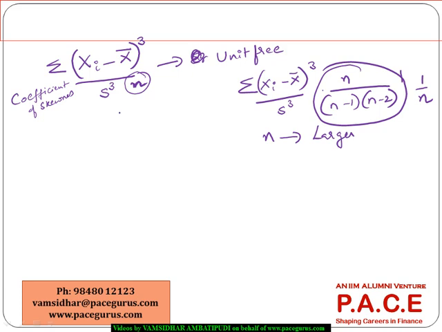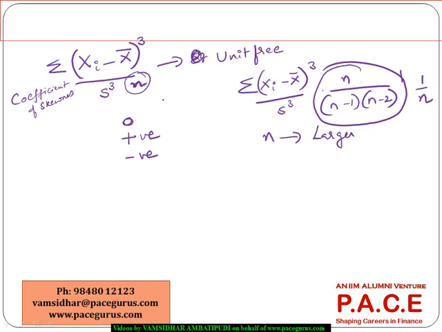So if it is a symmetric distribution, I'll see that the skewness is 0. If it is positively skewed, I'll see that the skewness is positive, and if it is a negatively skewed distribution, I see that the skewness will be negative.